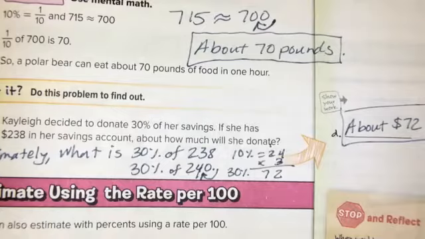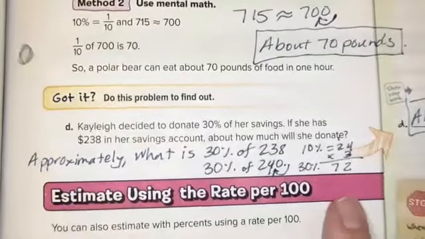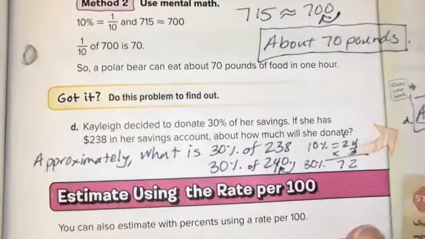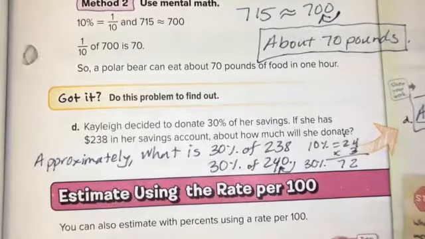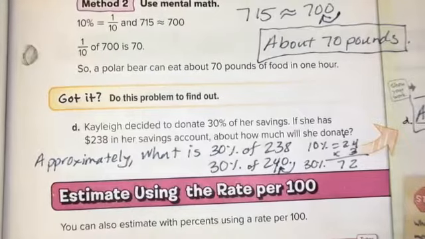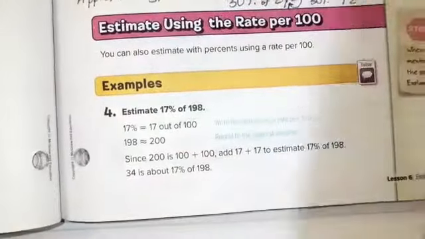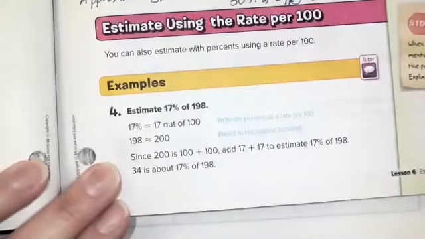All right, you can also estimate with percents using a rate per 100. So this will be another strategy: round to the nearest 100, and then find that percentage. So let's take a look at example 4. Estimate 17% of 198.